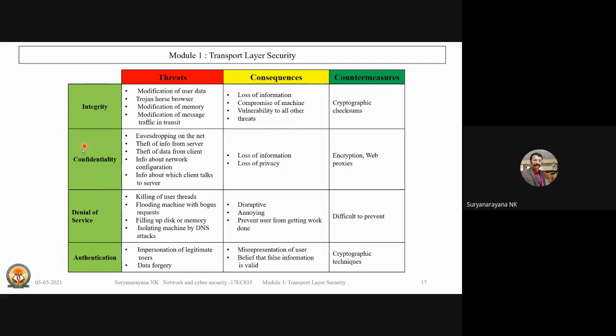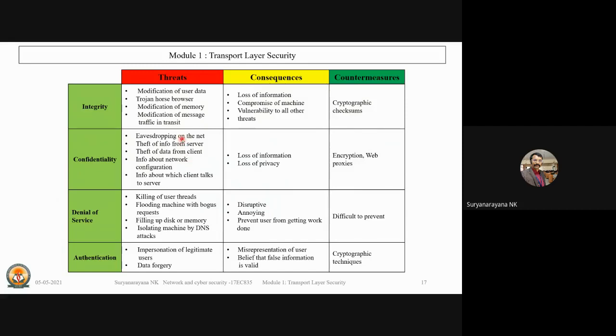Coming to confidentiality, the various threats are eavesdropping on the net, that means silently listening, then theft of information from the server and data from the client, knowing network configuration, and getting information about which client talks to the server, meaning connecting to the server.